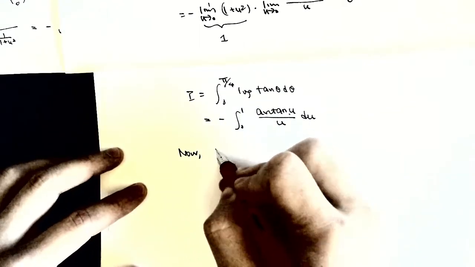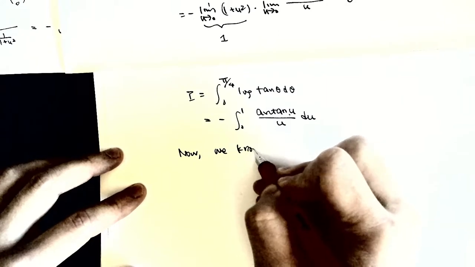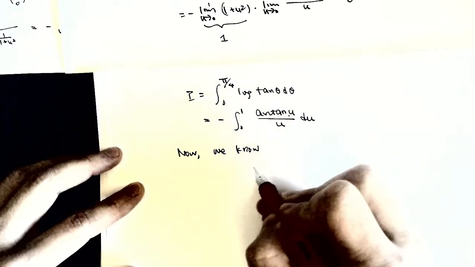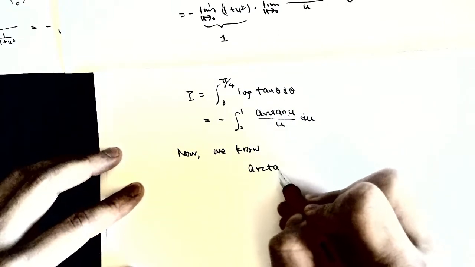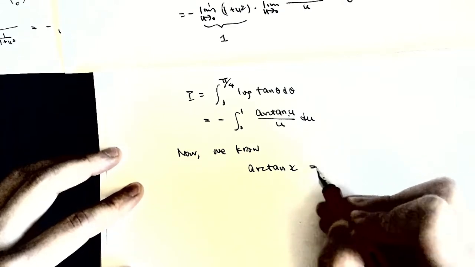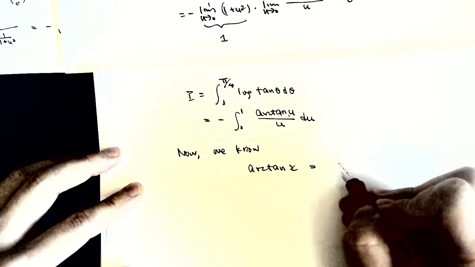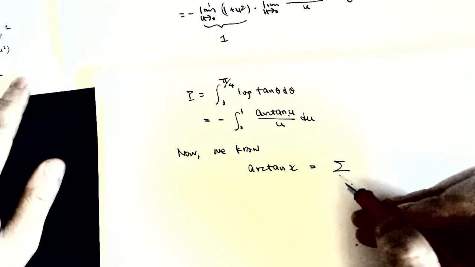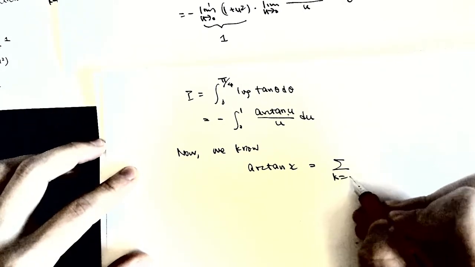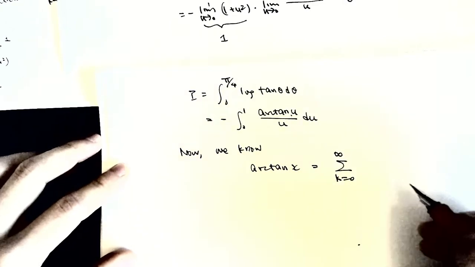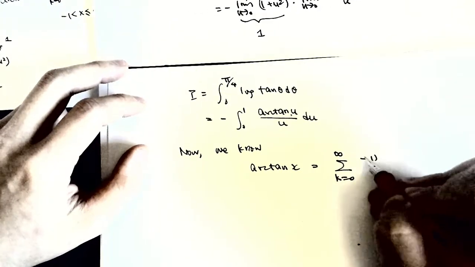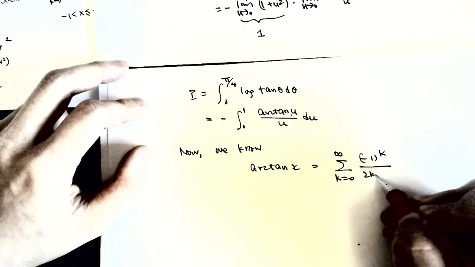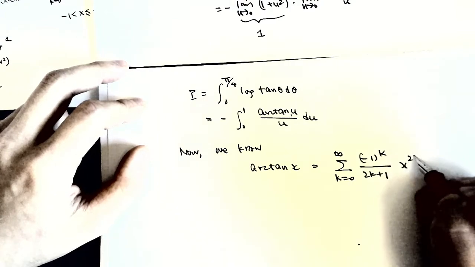Now we know that the Maclaurin series of arctangent x is equal to the sum from k equals 0 of minus 1 to the k over 2k plus 1, times x to the power of 2k plus 1.